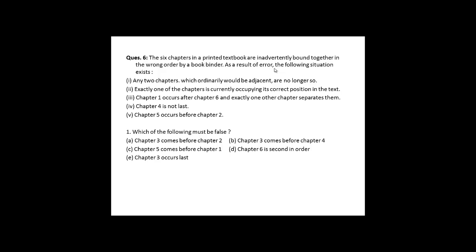Exactly one of the chapters is currently occupying its correct position in the text. Chapter 1 occurs after chapter 6 and exactly one other chapter separates them. Chapter 4 is not last. Chapter 5 occurs before chapter 2. So these are the set of conditions which we have been provided.